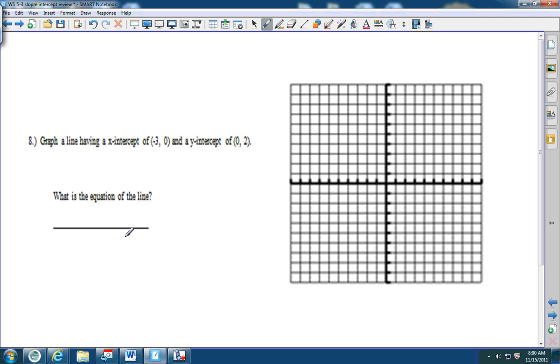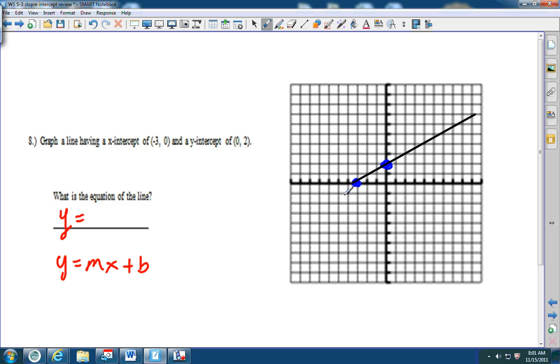This time it gives us our x-intercept and our y-intercept. And it wants us to find the equation of the line. You can do this two different ways. One way is to plot the points (negative 3, 0) and (0, 2). There's my 2 points. And I can draw my line. To find my equation, remember it's y equals the slope times x plus the y-intercept.